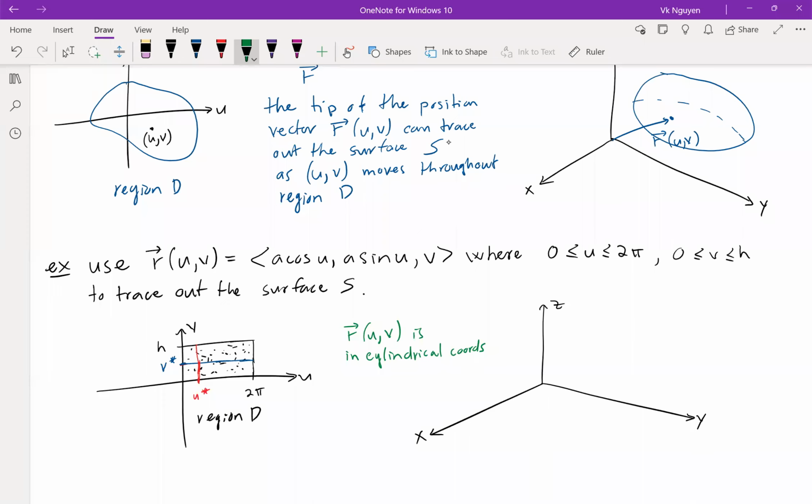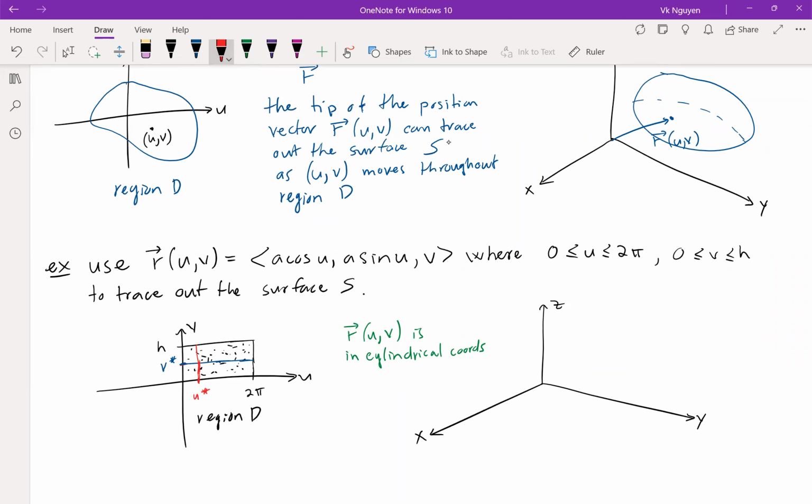So when we trace out, we're just gonna use what we learned before, cylindrical coordinates. u, that is the angle. Right? What we get here, of course, is a cylinder. I'm gonna trace out the u and the v so you can see exactly what is the u here.